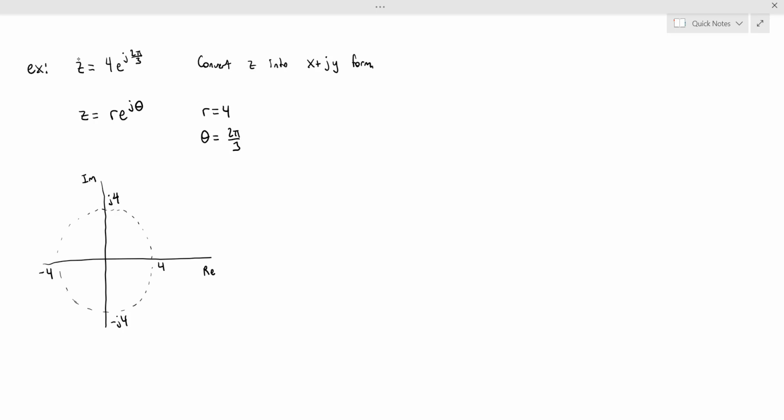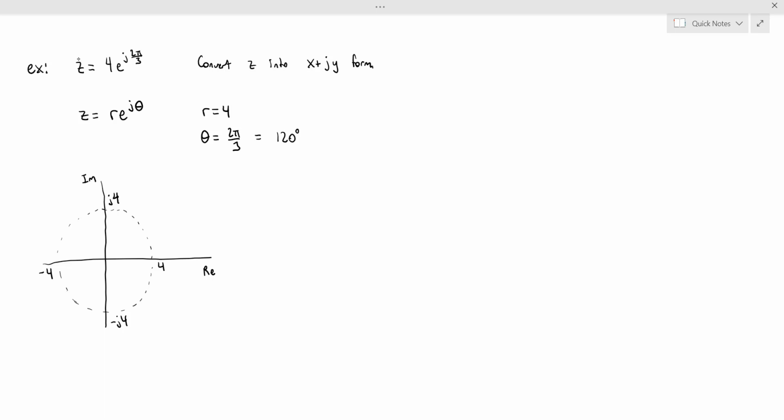Now the angle is 2 pi over 3. So 2 pi over 3, that's going to be an angle in the second quadrant. If you're not too familiar with radians, this is the same as 120 degrees, because pi over 3 is 60 degrees. So 2 pi over 3 is 2 times 60 degrees, so it's 120 degrees.